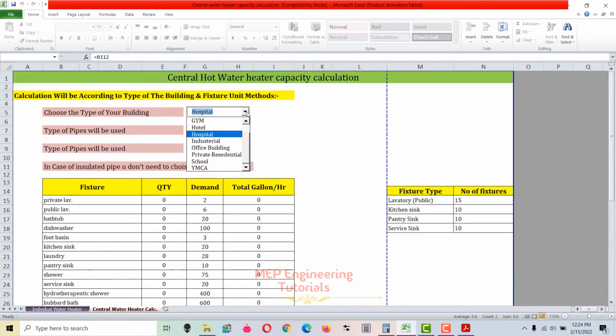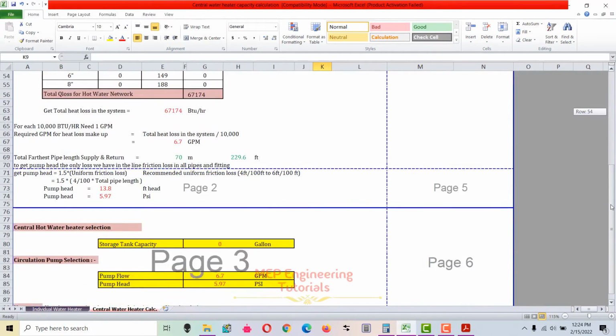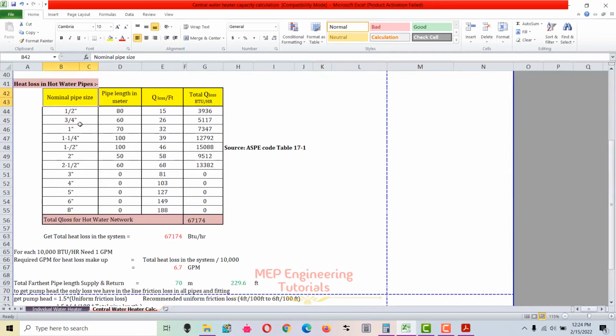So let's say I'm going to select office building, and for the pipe, I select whether the hot water pipes are insulated or not insulated. This is very important to select in here, because this table is extracted from the ASPE code, and the values for heat loss per foot of the pipe depend on whether you have insulated or uninsulated pipes.